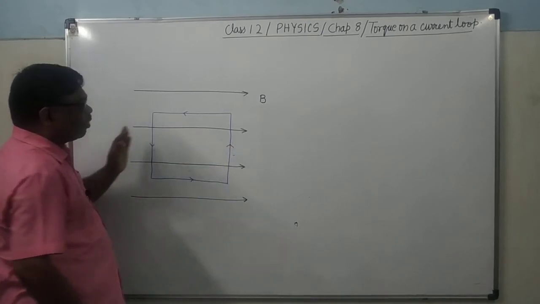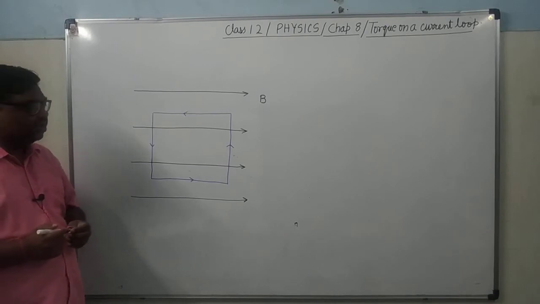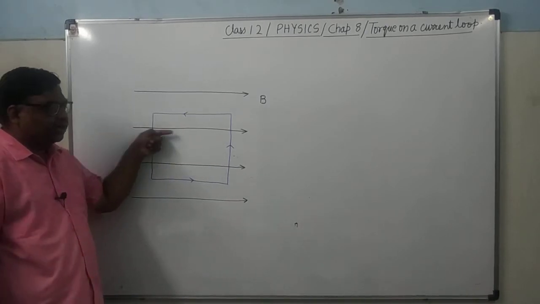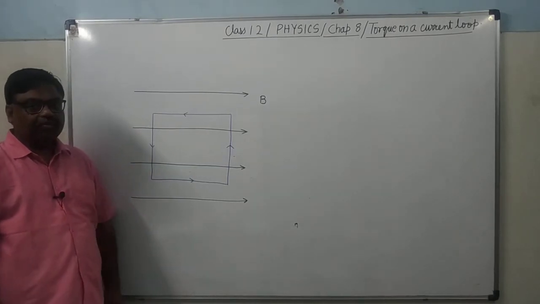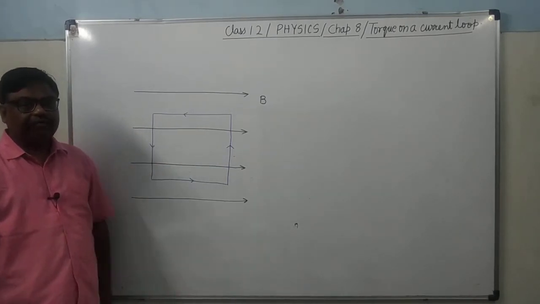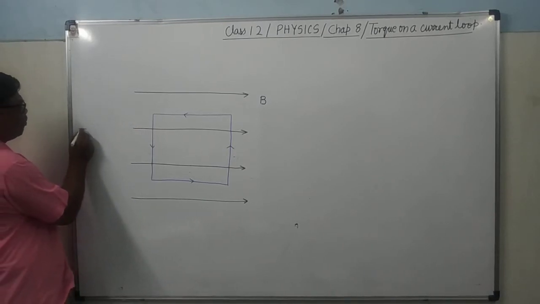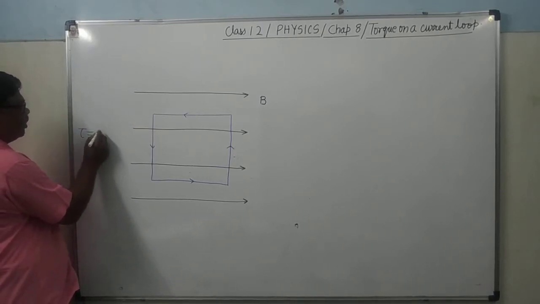In this case, what will be the magnetic moment direction? Magnetic moment direction is normal to the board, while magnetic lines of force are along the board. What will be theta between vector M and vector B? It will be 90 degrees, and torque will be maximum. What will be the torque here?